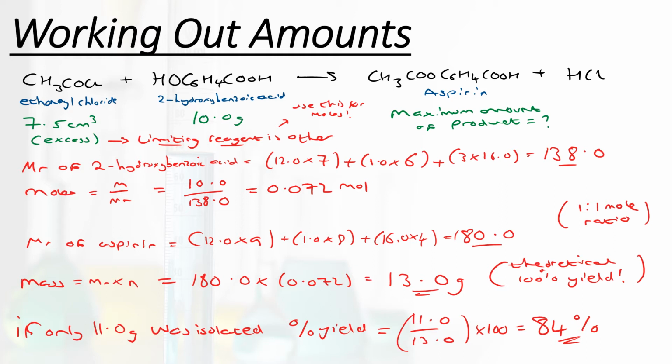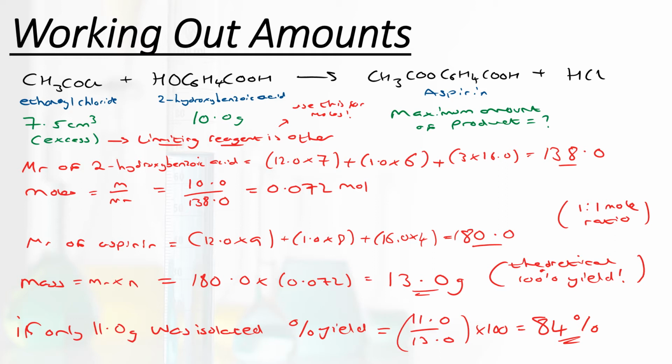What this means is this is the theoretical yield, the theoretical maximum 100% yield of aspirin. If I didn't lose any product in doing this reaction, the maximum that I could make is 13 grams if I started with 10 grams of 2-hydroxybenzoic acid.